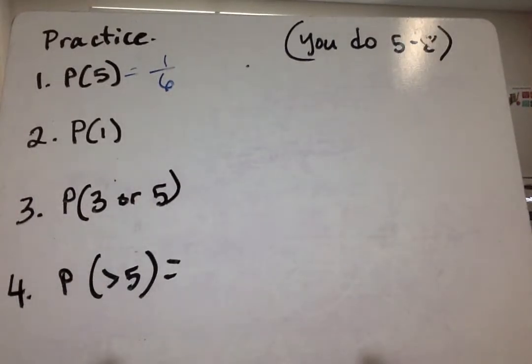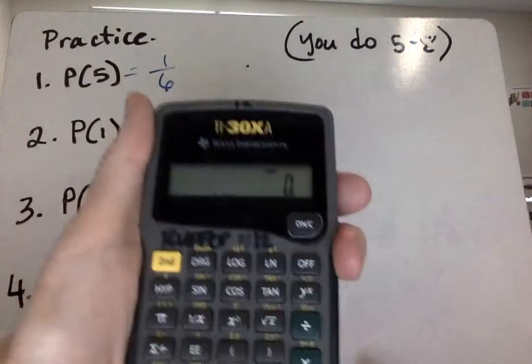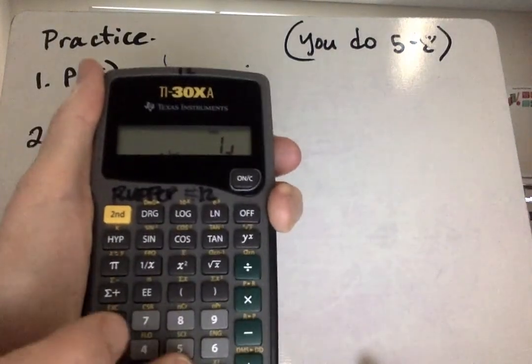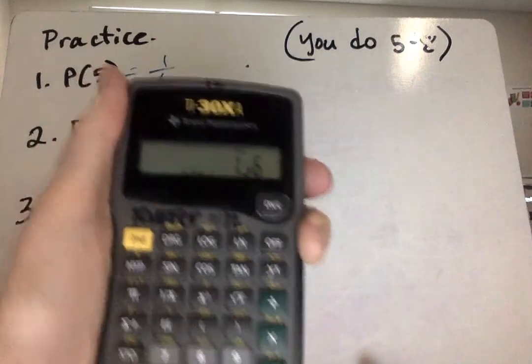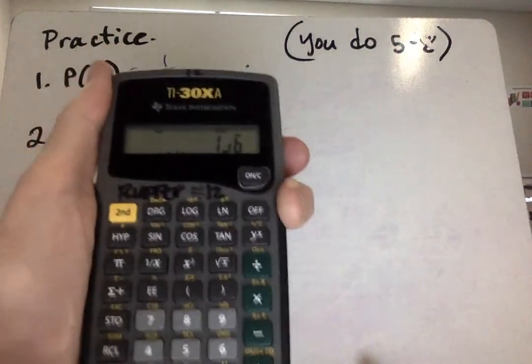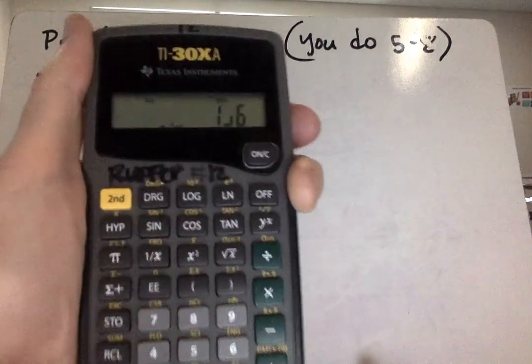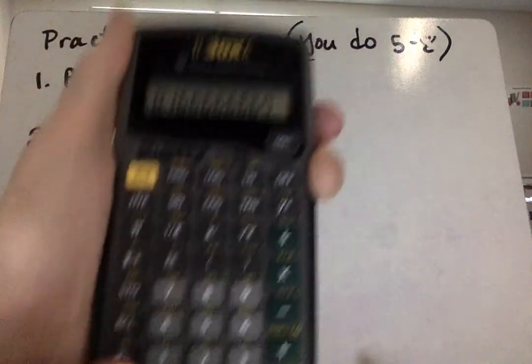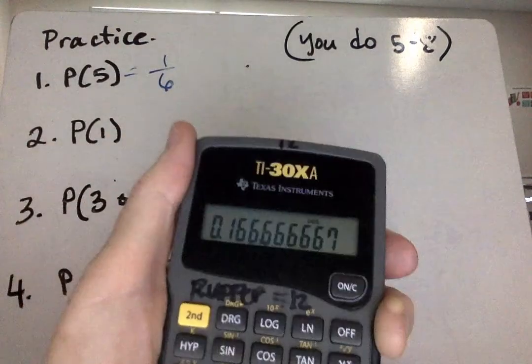Next, we want to go ahead and change it to a percent. So we have our calculator here, and we go 1, ABC, 6. So there's my fraction. Then I'm going to go second, and see the little yellow F to D down here? You're going to press that button, and it's going to change it to a decimal.